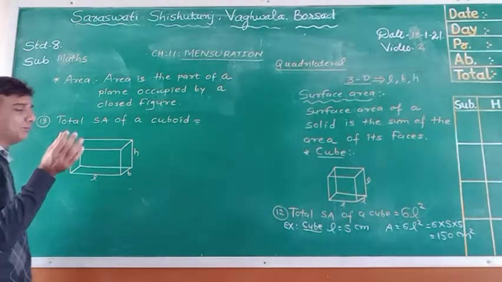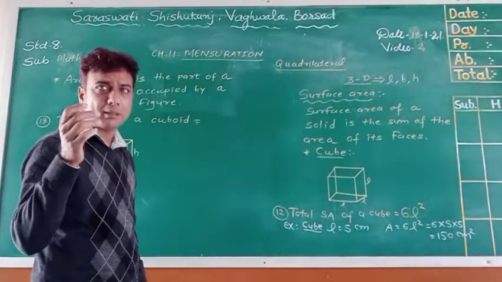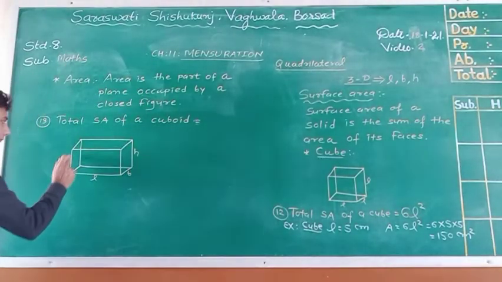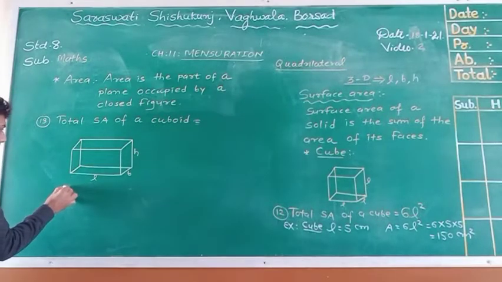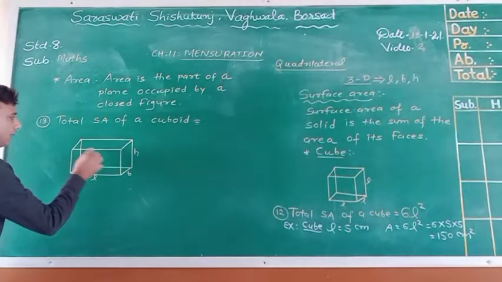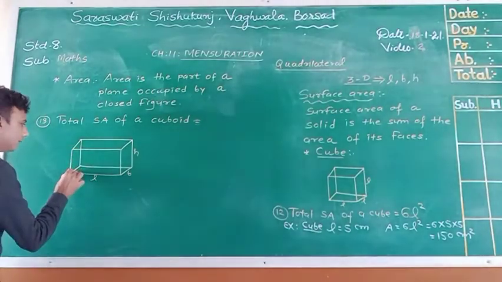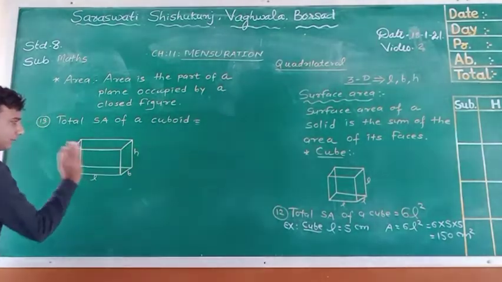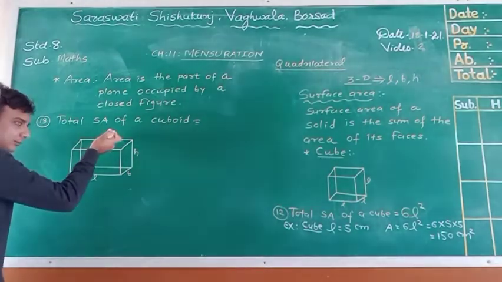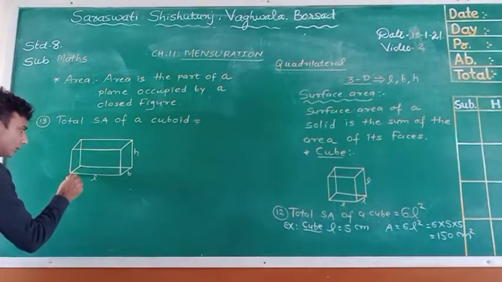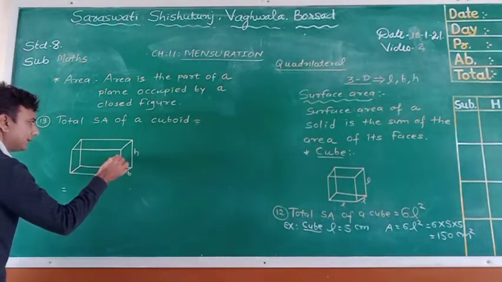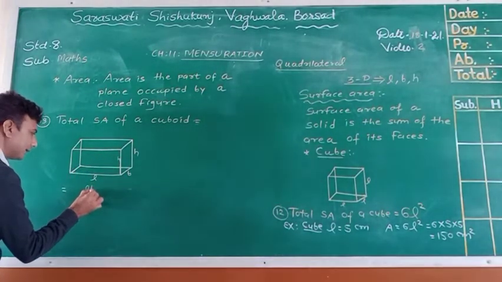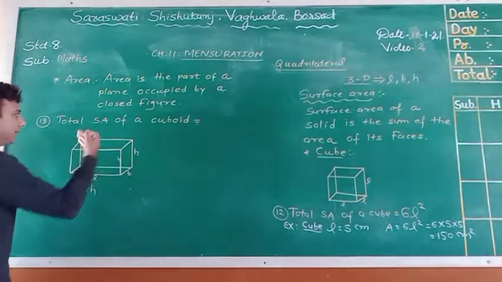See, let's make our formula our own self. How can this formula become? See, first this part. Okay, this and this, front and back both will be same. So this length and this height, so L into H, and 2 times front and back both.